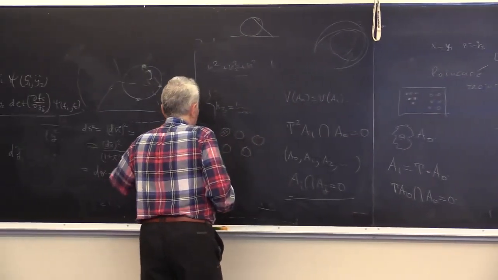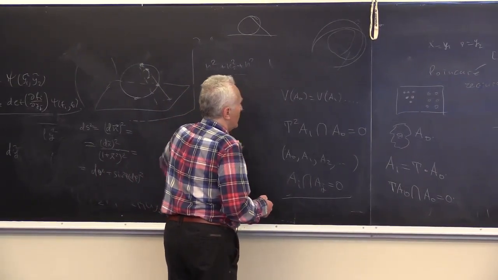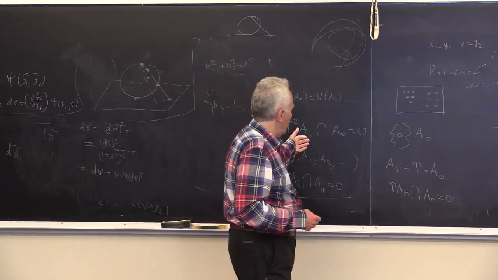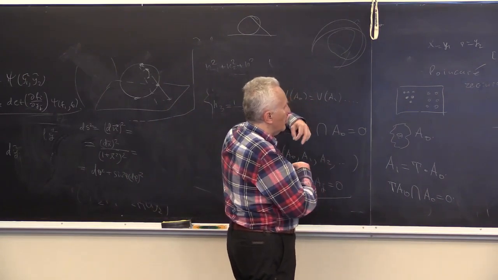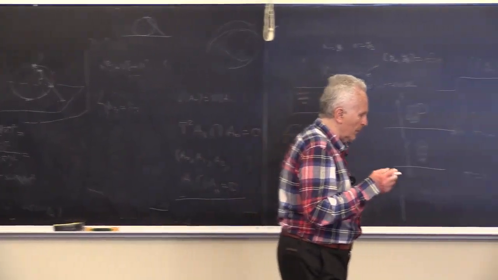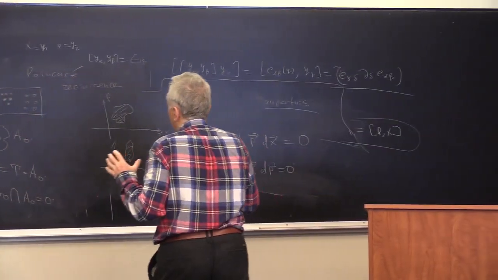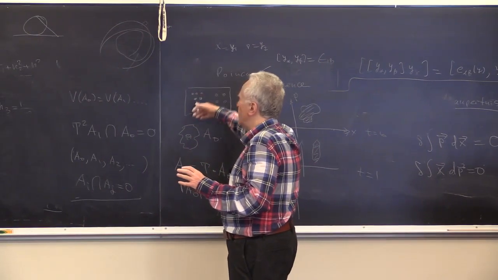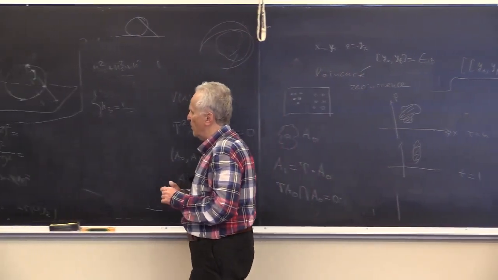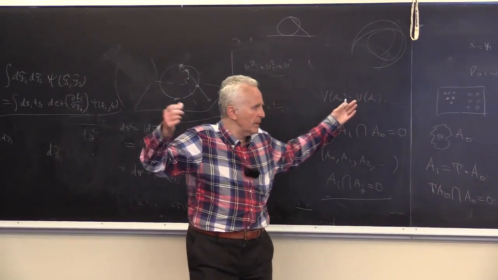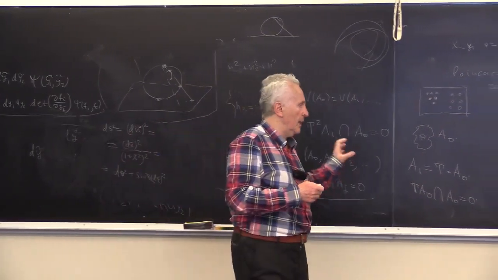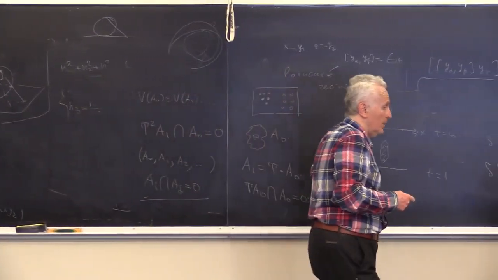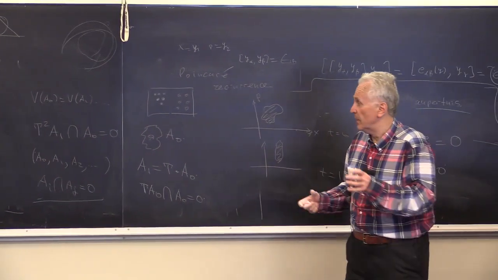Notice what we are doing is that we replaced the motion of 10 to the 23 particles by the motion of a single particle, but in multidimensional space. And we can use geometrical intuition to some extent even in this space.